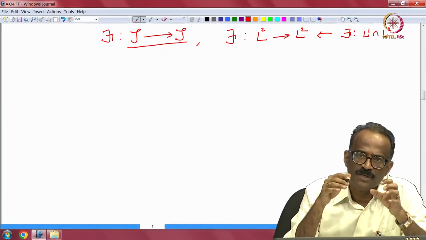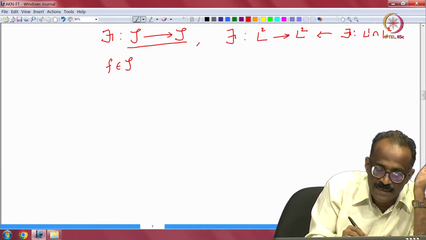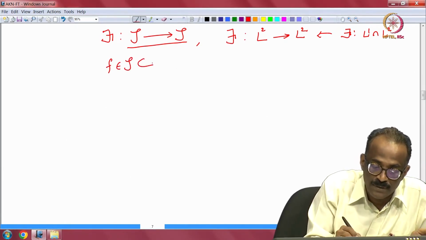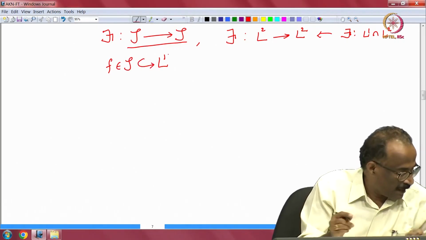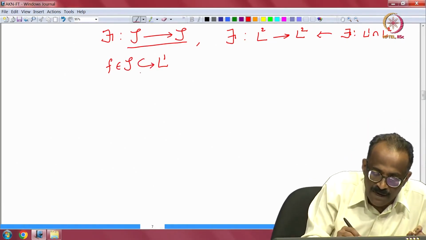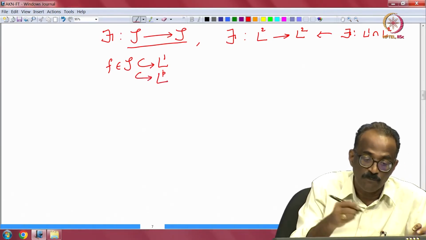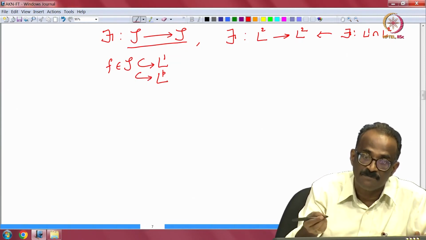Because S is always in L1, you see. I will give you an example soon. In fact, you are going to see that it is in Lp. So, the natural Fourier transform is defined.